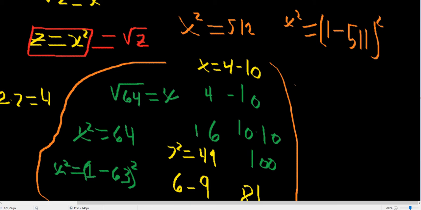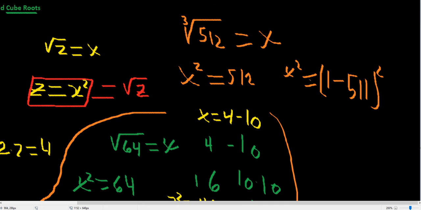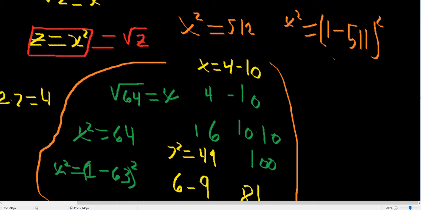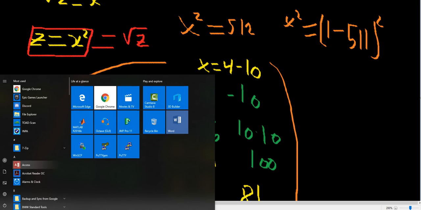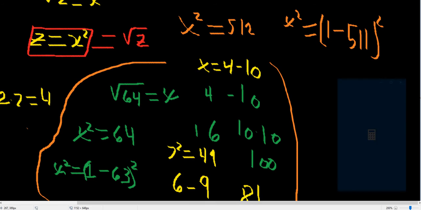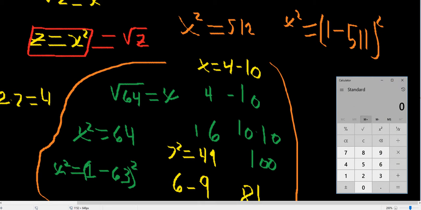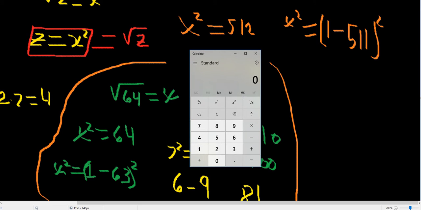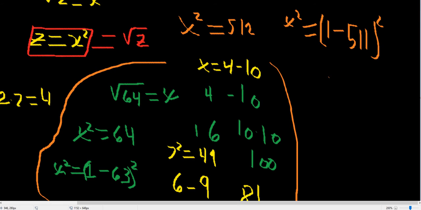We can continue this by making another estimated guess, and a way to do this quicker is just bring up a Microsoft calculator or any calculator. We start with, let's do 4 times 4 times 4, which equals 64.